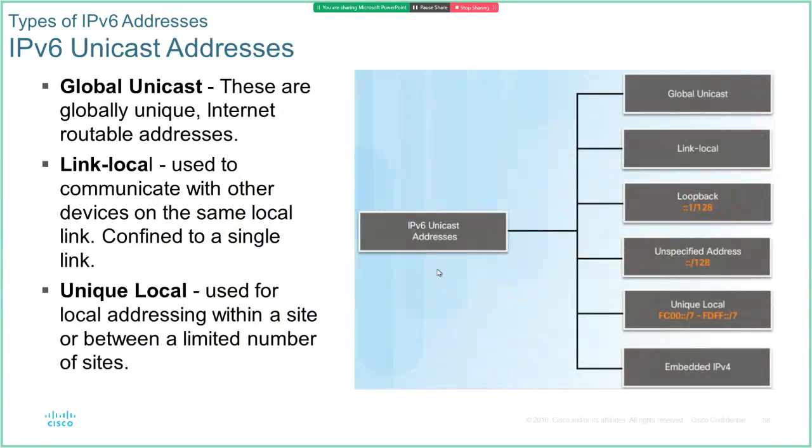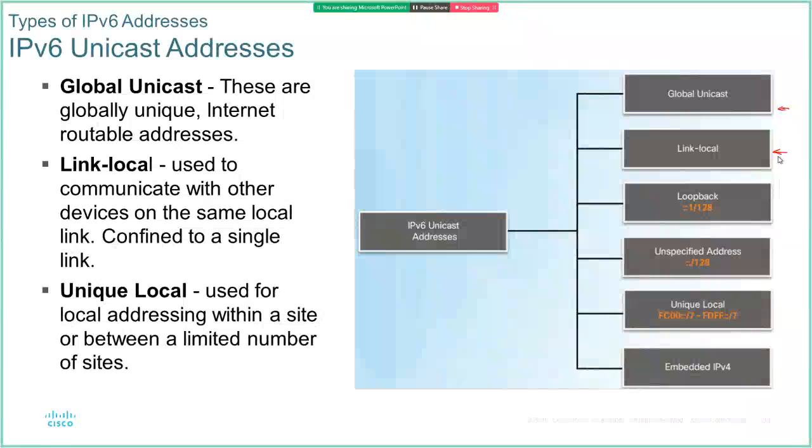So global unicast is where we're just sending directly one-to-one. Now, each device on a network will get a link local address automatically generated.